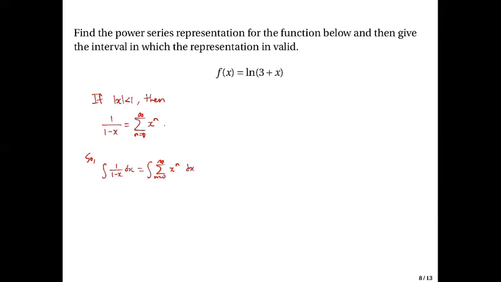If we do the integration, we will have negative ln absolute value of 1 minus x. Of course, there's a plus c in here, but we'll just put the plus c on the other side. For this guy here, we just have the series from n equals 0 to plus infinity of x to the n plus 1 divided by n plus 1, and then there's a constant c.